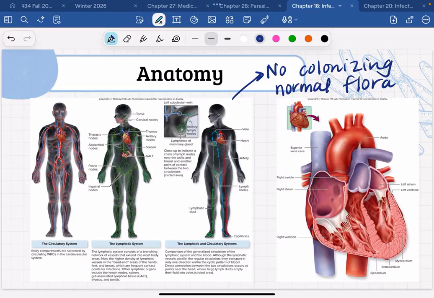And lymph nodes are collections of tissue where white blood cells go to destroy organisms and do other things that have to do with the immune system. Lymph nodes are just collections of lymph fluid, basically. They're little tissues that collect lymph fluid and white blood cells. And we'll talk about lymph nodes quite a bit because there's a few infections that infect the lymph nodes.